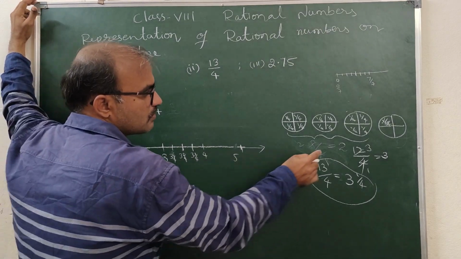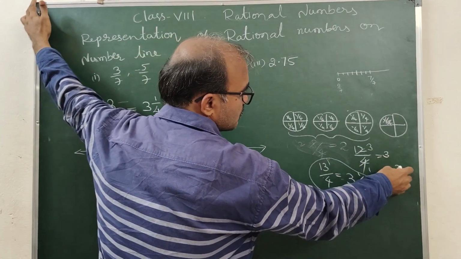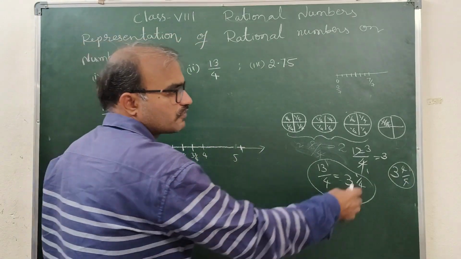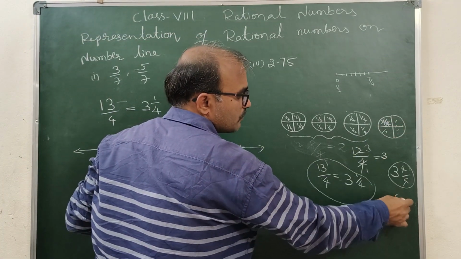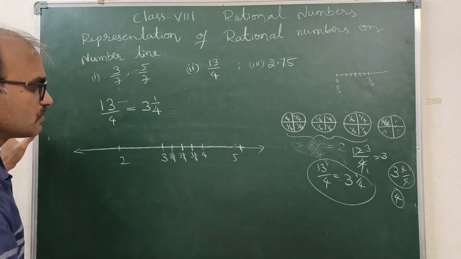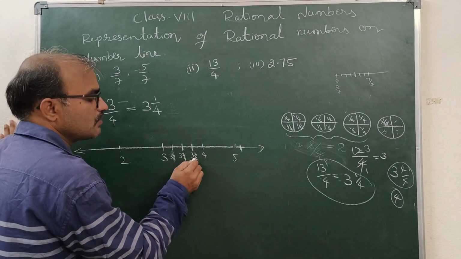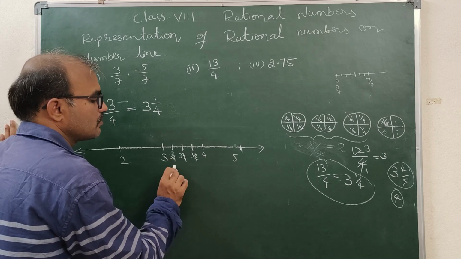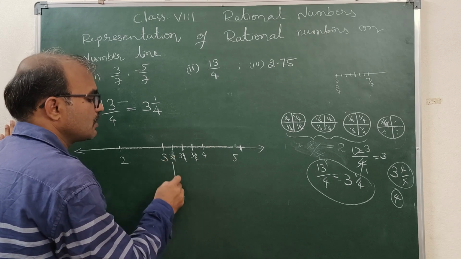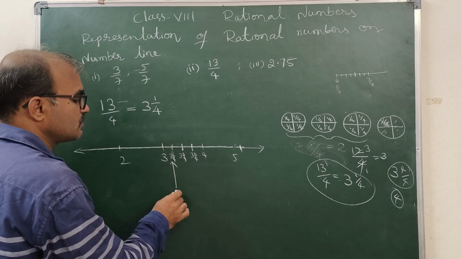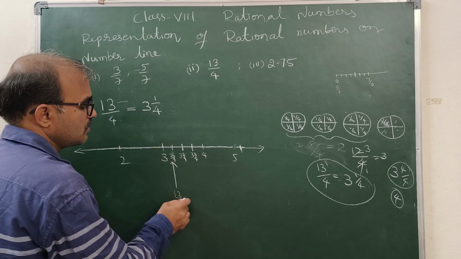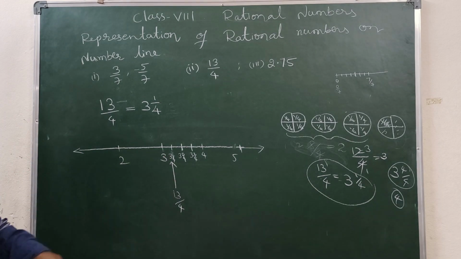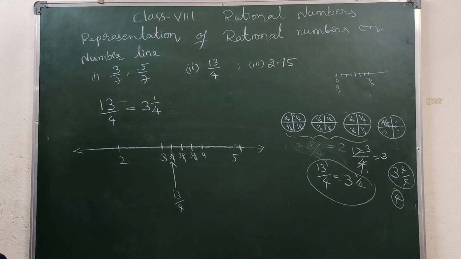That is why you should not write it like this. 4 fourths will make 1, so it will become 4 wholes. So 3 wholes, 3 fourths is completed. Located 3 wholes, 3 fourths. 13 by 4 is 3 wholes, 1 fourth. Sorry, 3 wholes, 1 fourth.